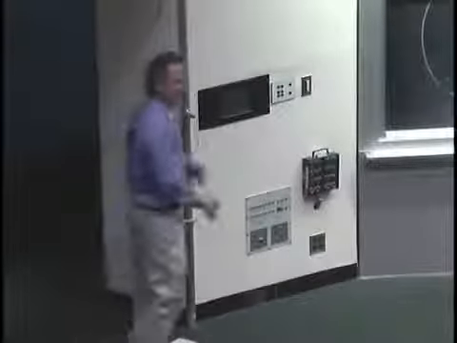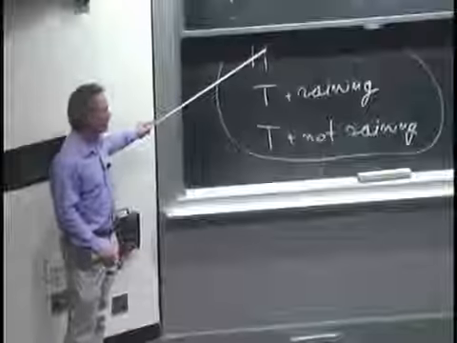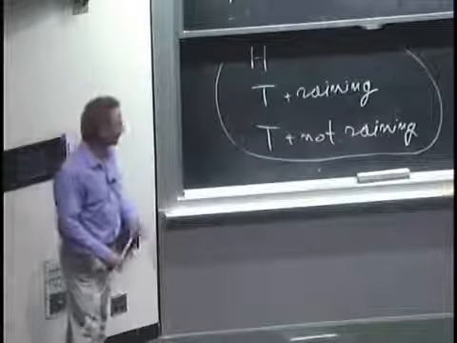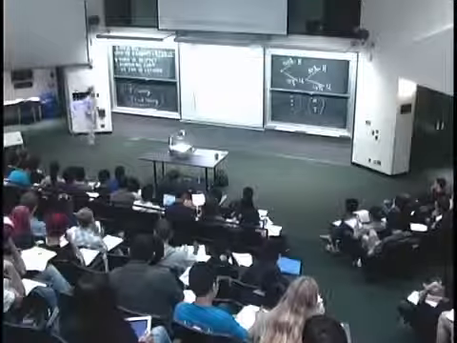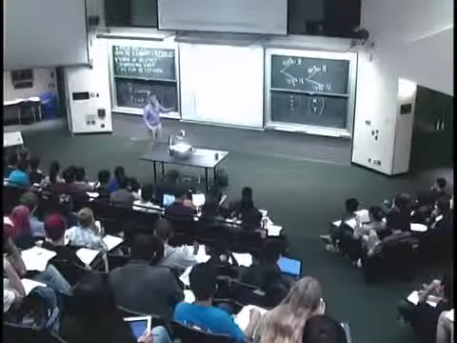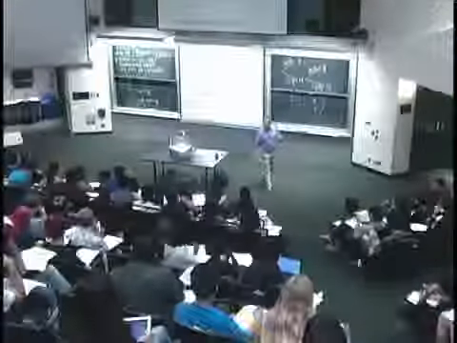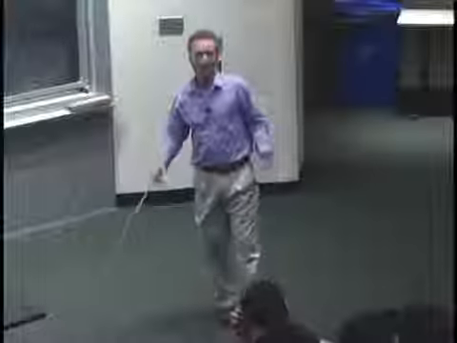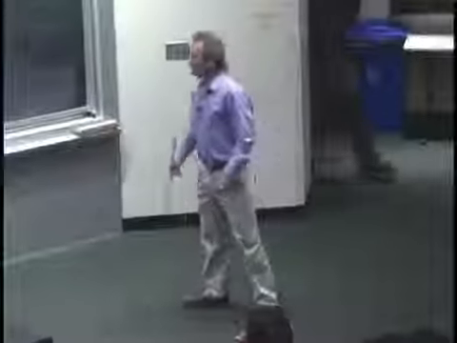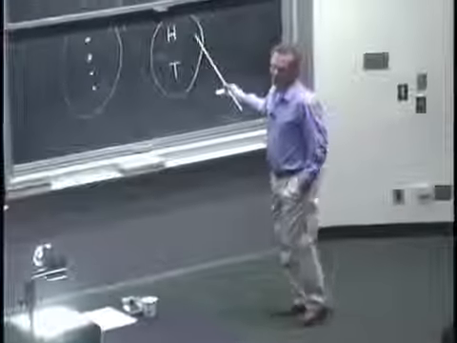It's a legitimate one. These three possibilities are mutually exclusive and collectively exhaustive. Which one is the right sample space? Is it this one or that one? Well, if you think that my coin flipping inside this room is completely unrelated to the weather outside, then you're going to stick with the simpler sample space.